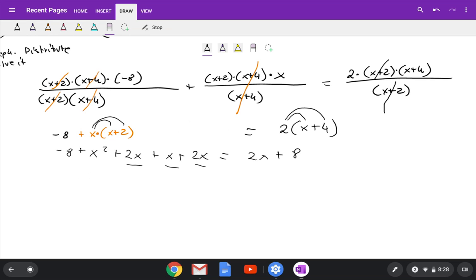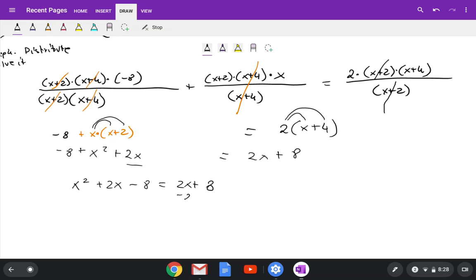So we have negative 8 plus x squared plus 2x equal to 2x plus 8. So now, let's simplify: x squared plus 2x minus 8 equal 2x plus 8.